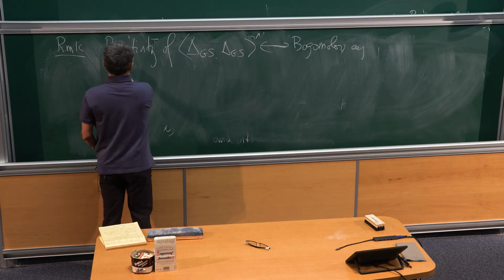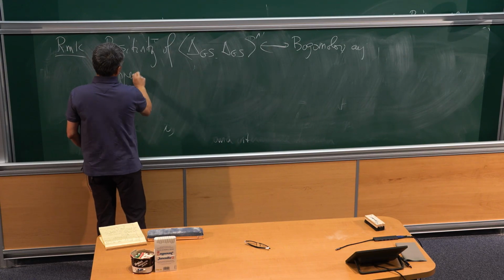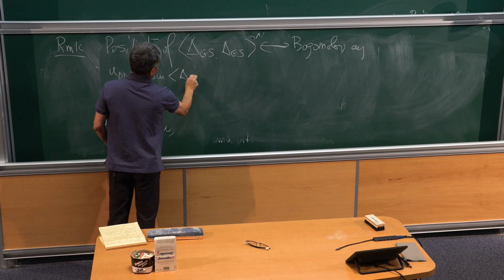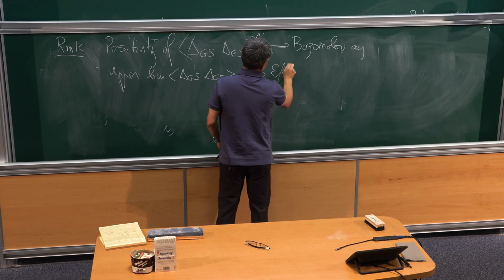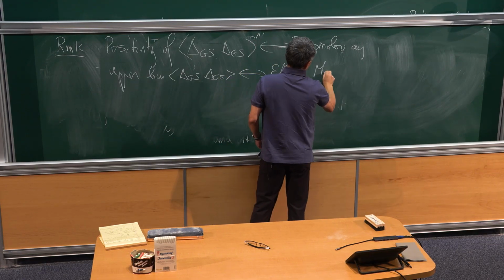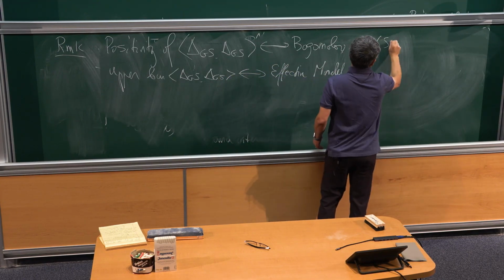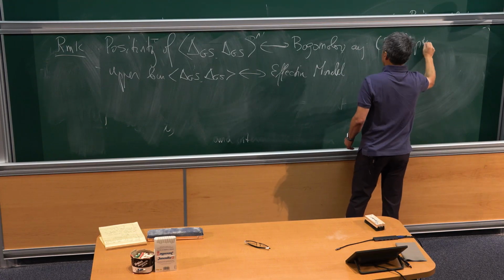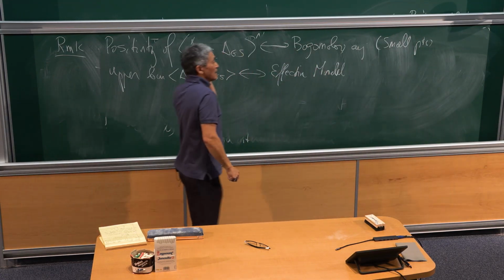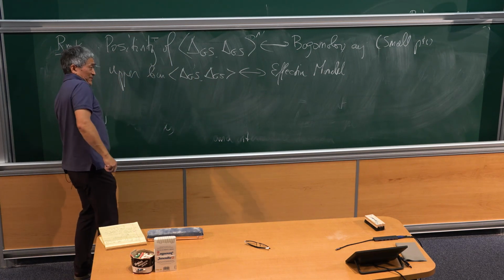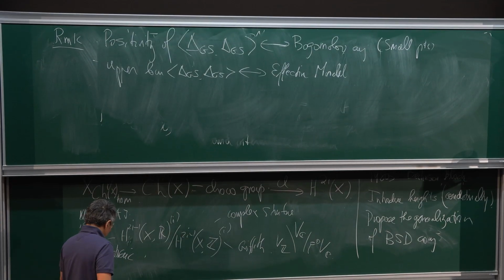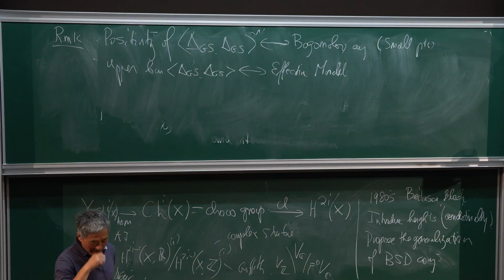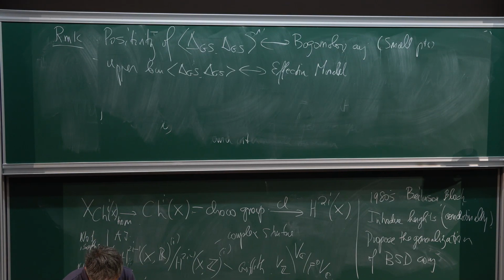And a nice upper bound is related to the effective model. So this means small points, right? This means the bigger points. So it's very fascinating. Same for me, it's kind of a mystery. Okay, so that's good. So we have two parts.